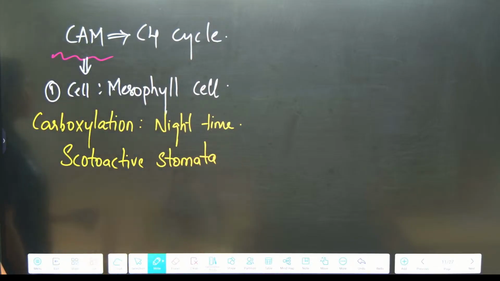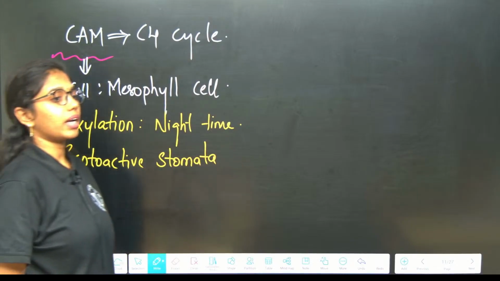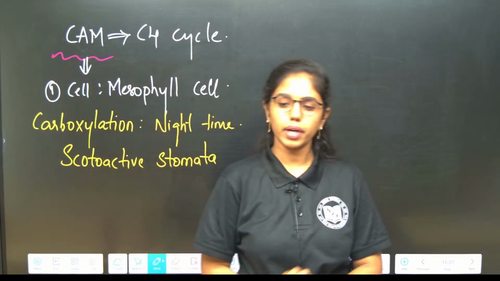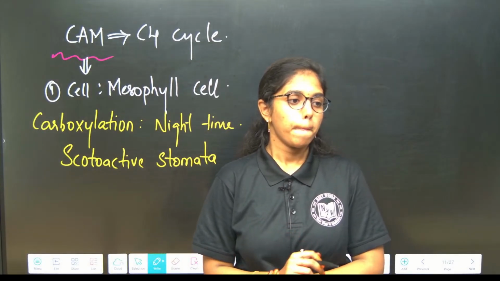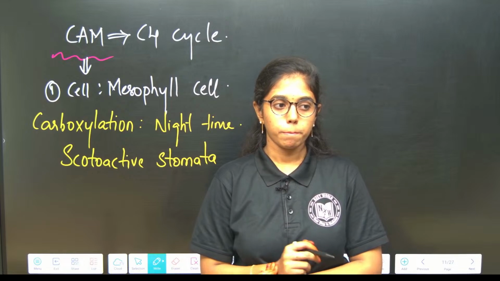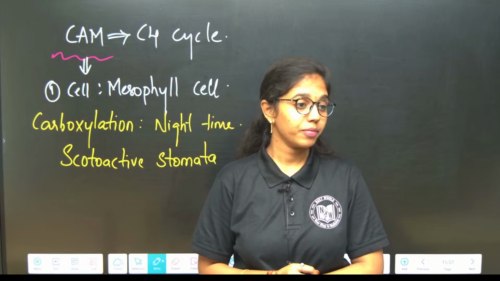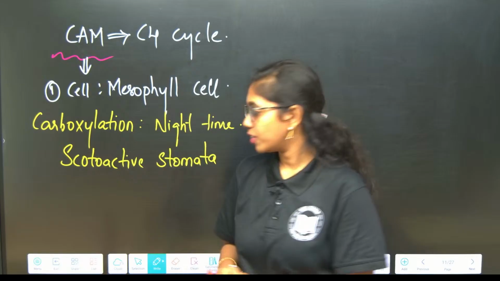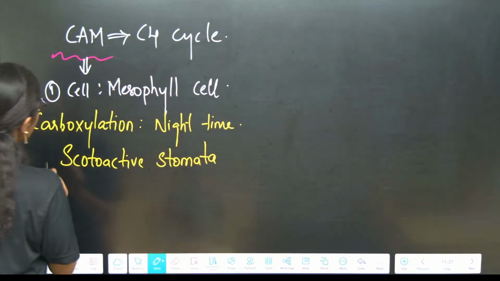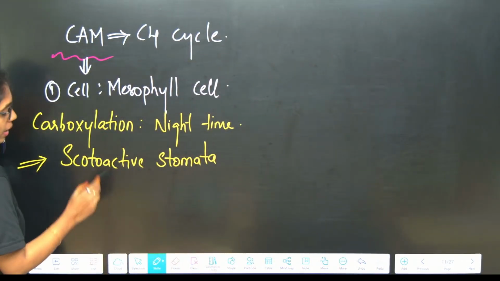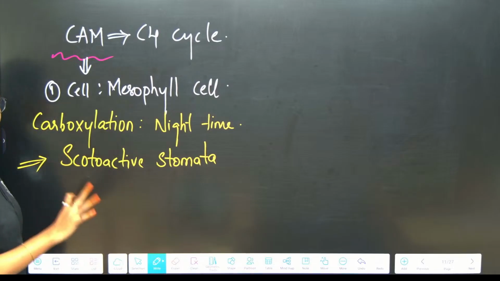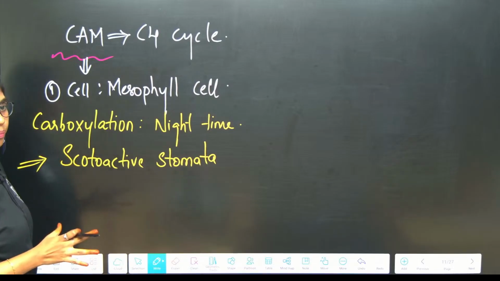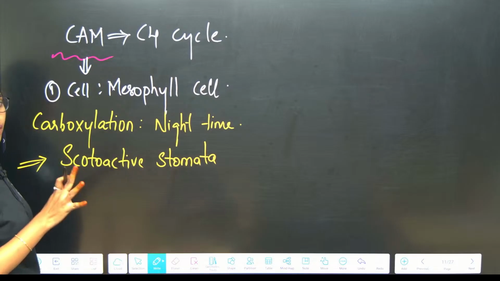What is scotoactive and photoactive stomata? Any one of you? See, listen. Scotoactive stomata is nothing but the stomata which opens during night time. Photoactive stomata is the stomata which opens during daytime.